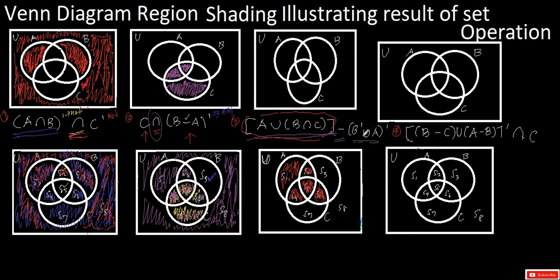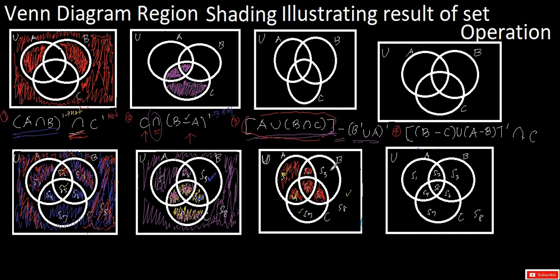So what are the regions that belong to B complement? We're going to check it. B complement: not elements of set B, or regions that are not regions of set B. So using the yellow color, I'm going to check. We have S sub 1, S sub 4, S sub 7, and S sub 8, which are the regions that are not regions of set B.